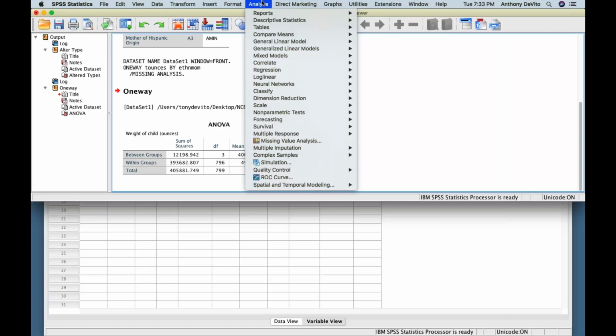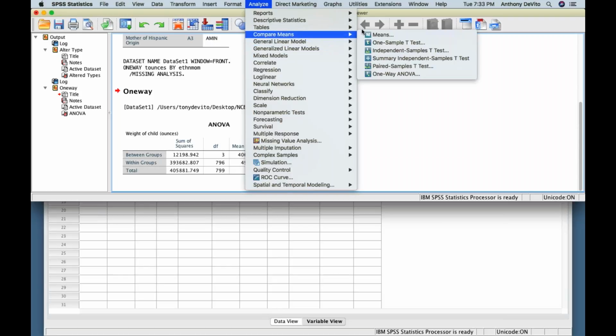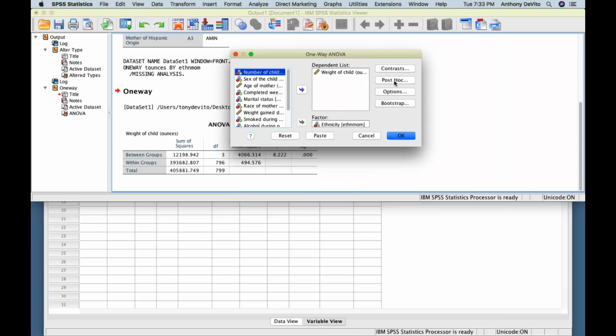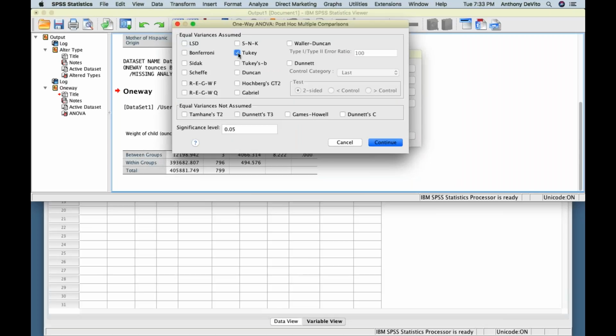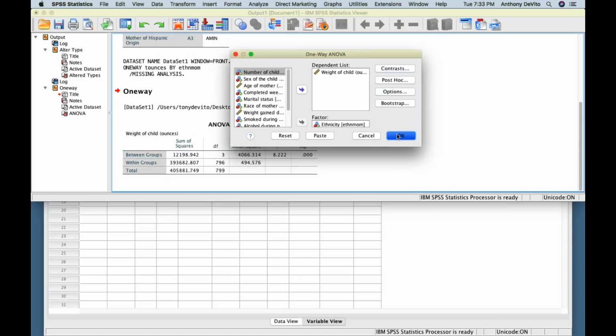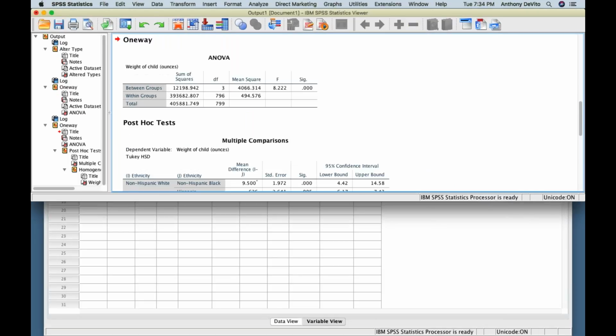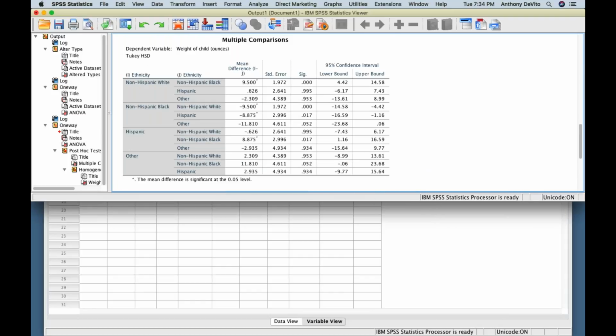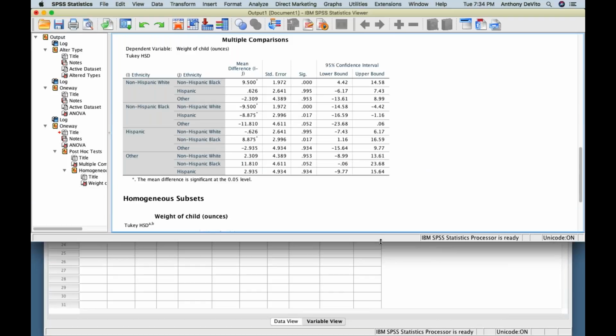So we're going to run our analysis of variance, compare means, one-way analysis of variance. This time I'm going to go into post hoc, check off Tukey, click continue, say OK. And again, this time we're going to get a bigger table because we have more variables to compare. Okay, so let's see what we have. I got one there.